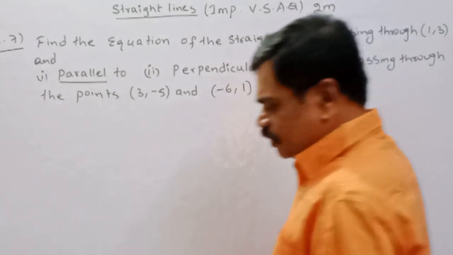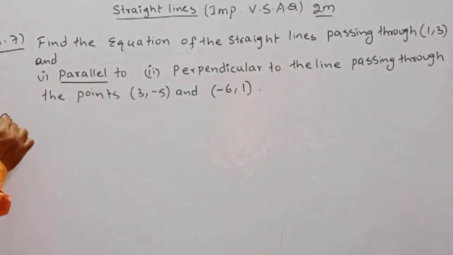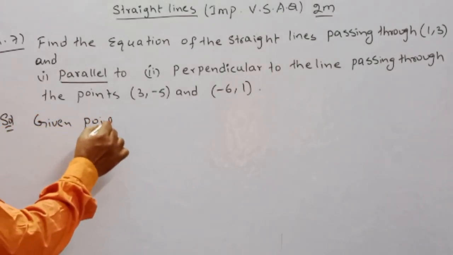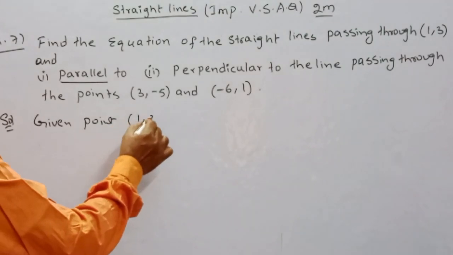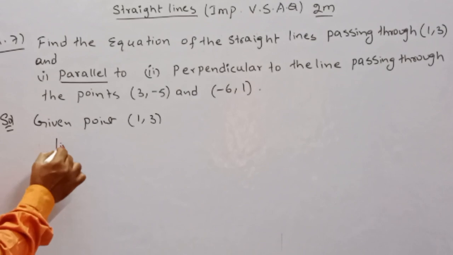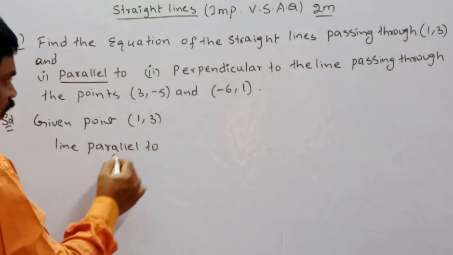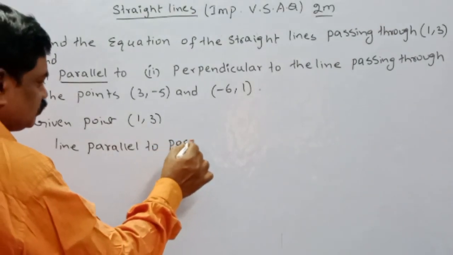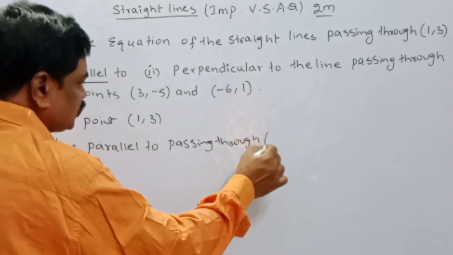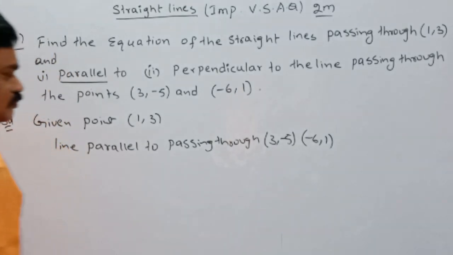Okay, all of you, here you see: the given point is (1, 3), and the line is parallel to the line passing through (3, -5) and (-6, 1).